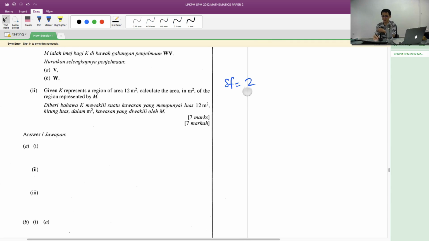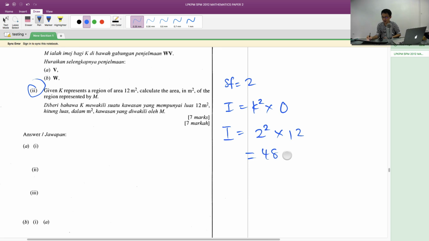For this part, we have a formula. Area of image equals scale factor squared multiplied by area of object. So now we want to find the image. We have scale factor 2 squared. The object we have is 12. So 4 times 12 is 48 meters squared. This one will be my M.